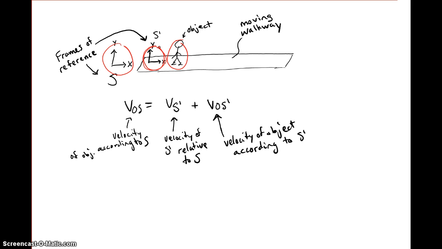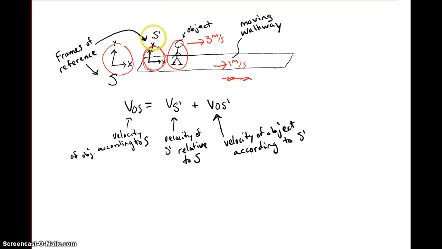So let's put some numbers on here and just do a quick example. Let's say the person is racing to get to their flight, and they're moving at 3 meters per second relative to S prime. So they're moving away from this axis 3 meters every second. Let's also say that the walkway is moving at 1 meter per second relative to the ground out here.